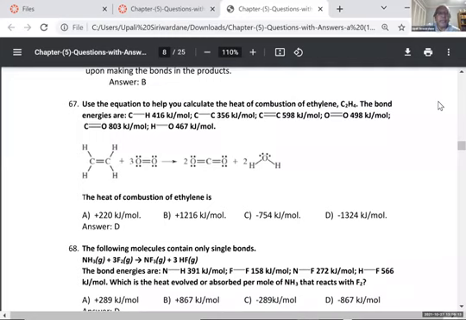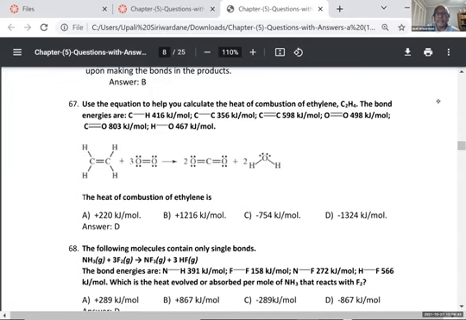On the top, that's 4 C-H bonds, 413, that's 4 times that, 3 times oxygen added up, that is the bonds broken. Then you have 2 carbon-oxygen bonds, therefore 4 carbon-oxygen bonds, 4 times that.